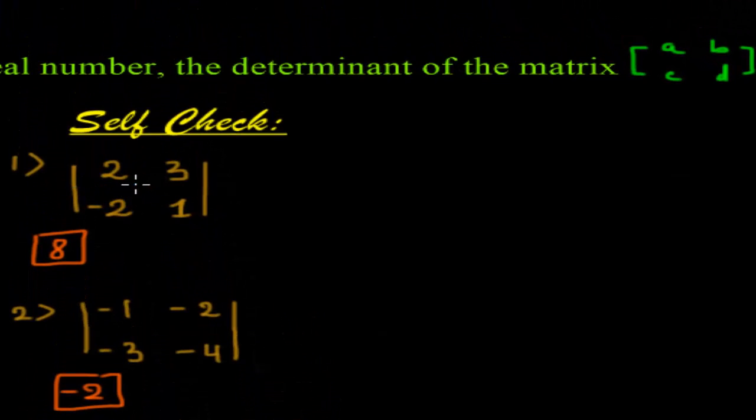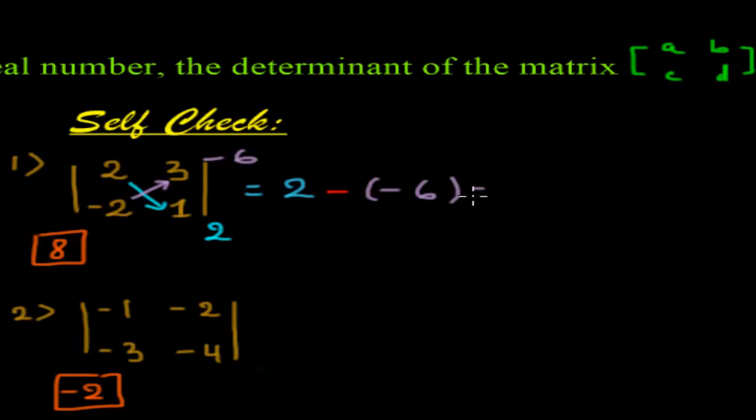So problem 1, we multiply all the way down. So 2 times 1 gives me 2, and we multiply all the way up. -2 times 3 gives me -6. Then the next step is bottom subtract top, so I have 2 minus -6. I need the parentheses when I plug in the -6.